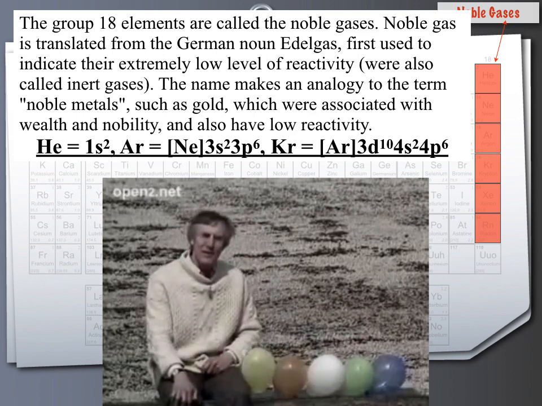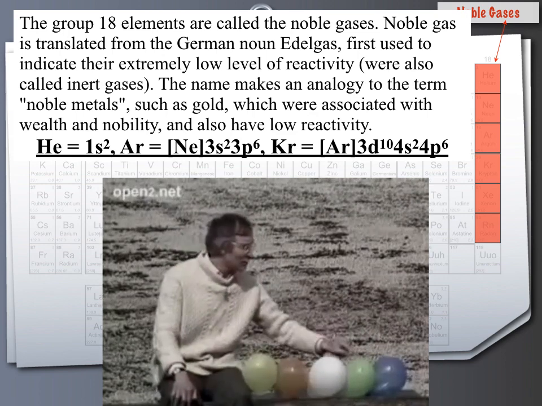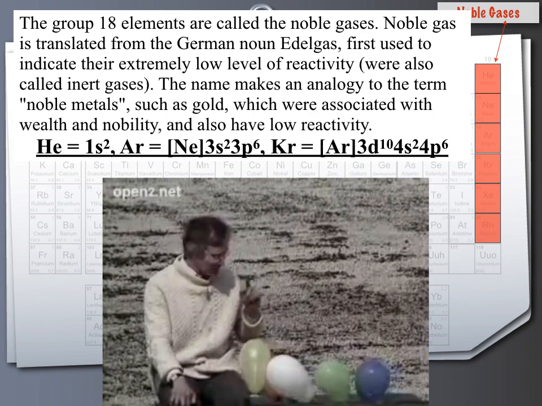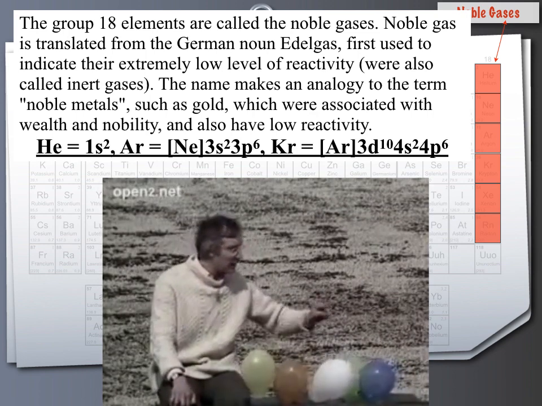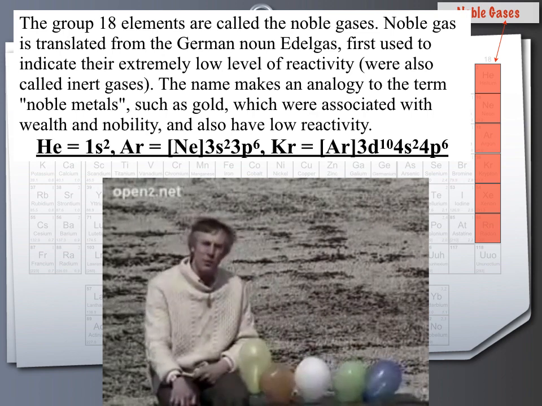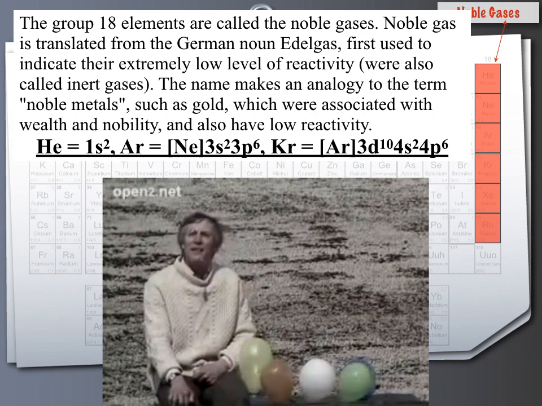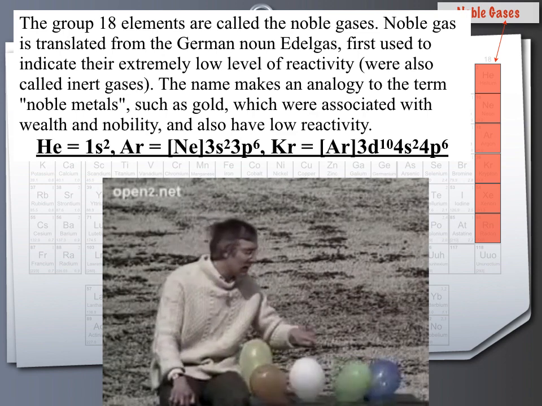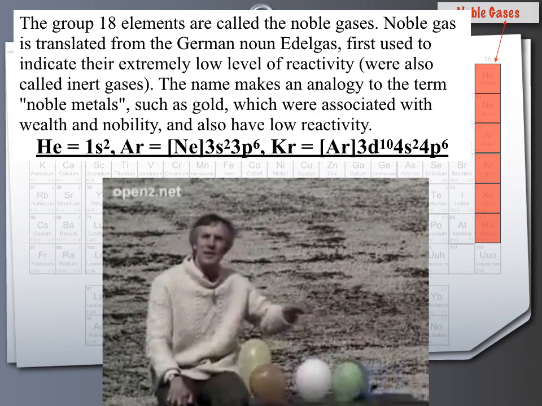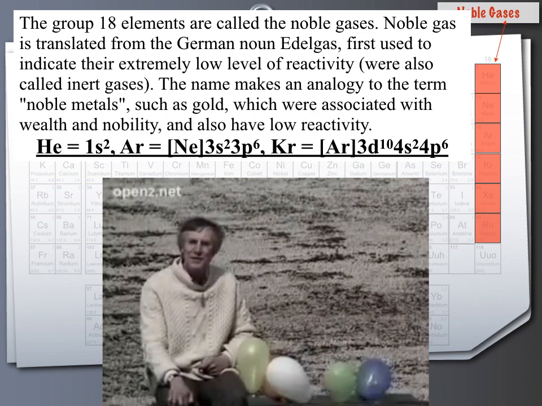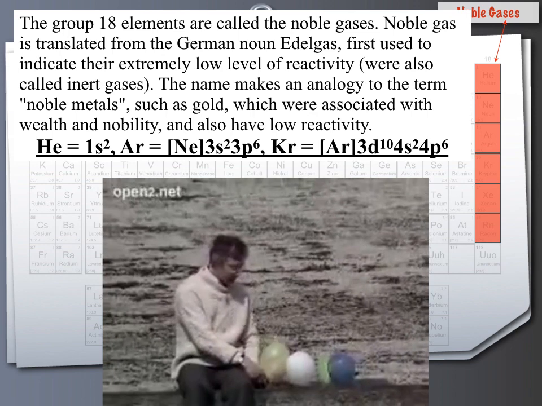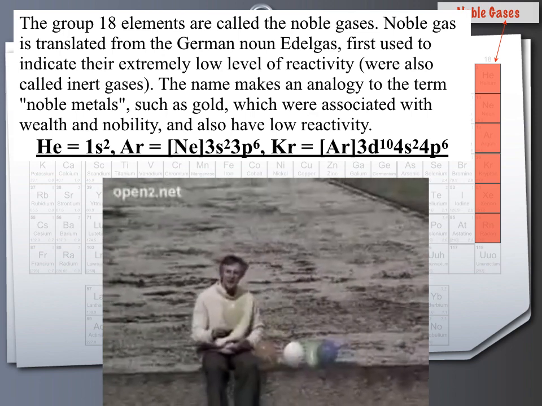They're all colourless and transparent. Krypton and xenon form compounds only with difficulty. Helium, neon, and argon don't form compounds at all. As we descend the group in the periodic table, the atomic number and the relative atomic mass increase. The gases get denser. Helium is lighter than air.